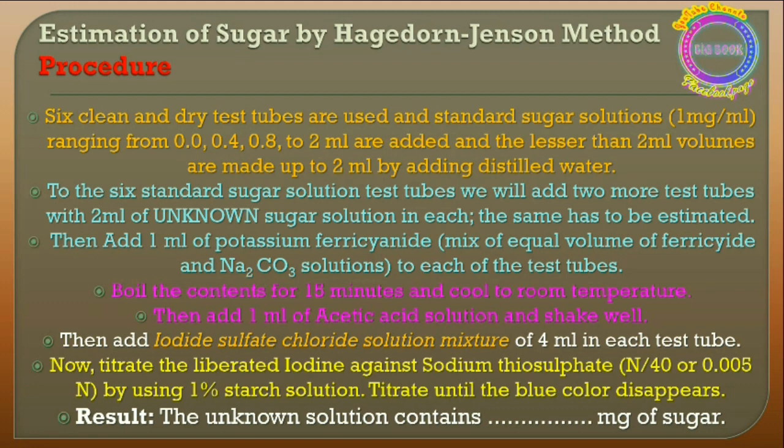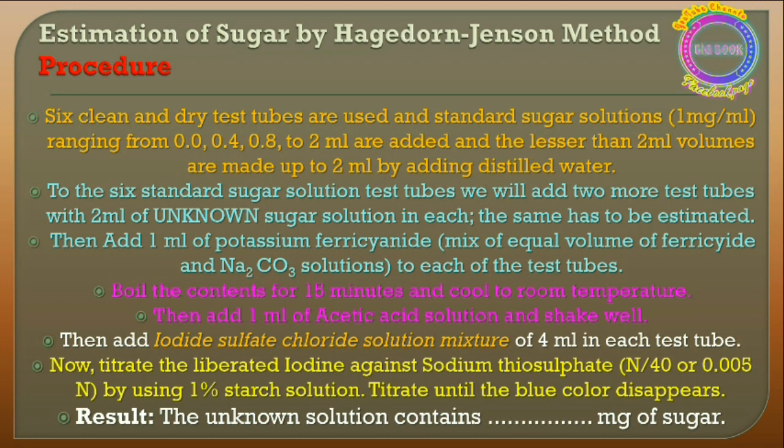Whatever amount of sugar we have dissolved, we take in that particular test tube. Those are labeled as unknown. You can label them unknown 1 and unknown 2 also. There is no need to worry.